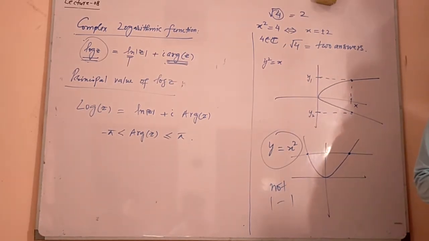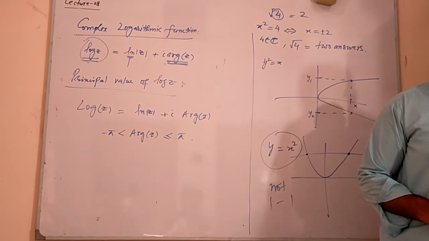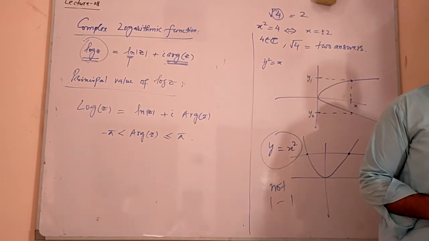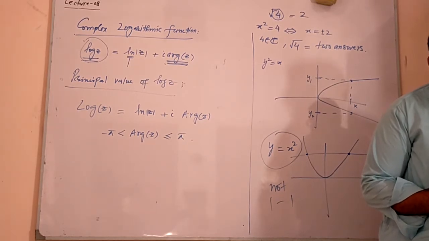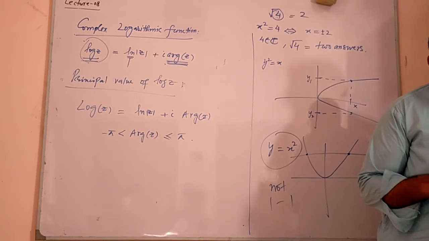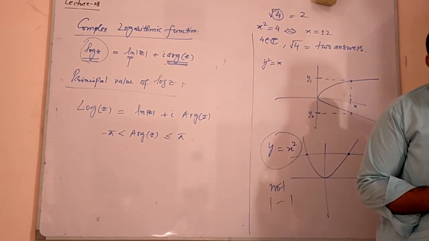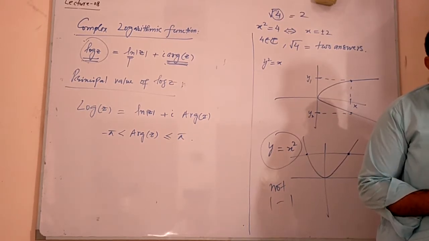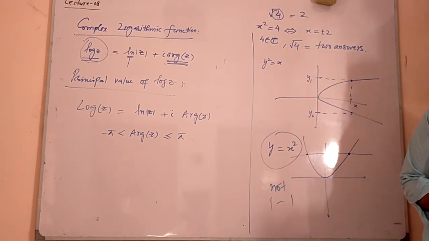But we will be dealing with what we call the CR equations, because in real analysis, in the case of real valued functions, what do we mean by a continuous function? Continuous means the function's limit must exist, left and right hand limits must agree, and the value of the function at that point and the limit must be the same.